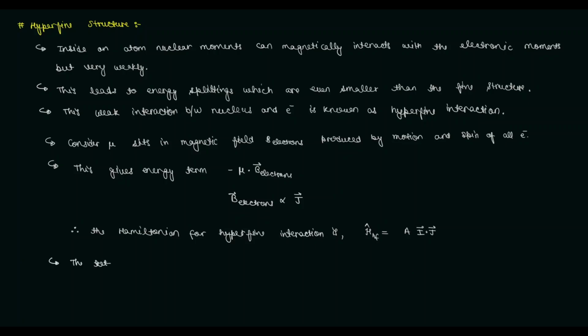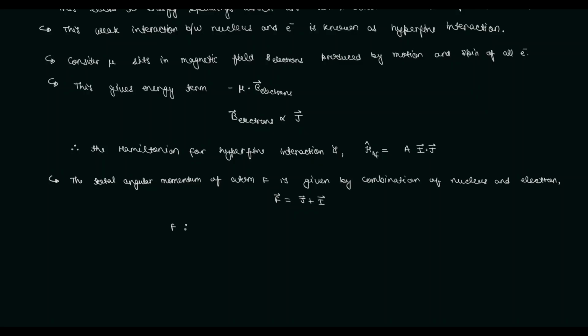Here, the total angular momentum F of the atom is given by the combination of nuclear and electron as F equal to J plus I. Here, the quantum number F can take values from |J minus I| to J plus I. Here also, F squared is equal to J squared plus I squared plus 2 times J dot I. So therefore, the expectation value of A I dot J will be equal to A by 2 into [F(F+1) minus I(I+1) minus J(J+1)].